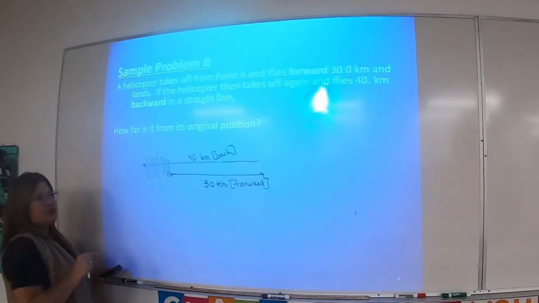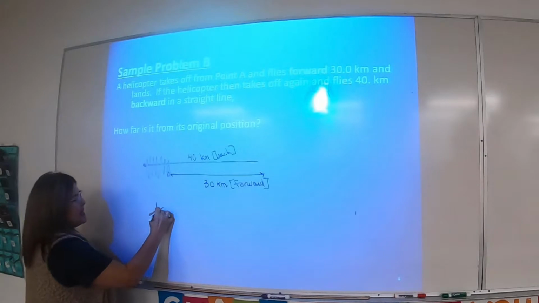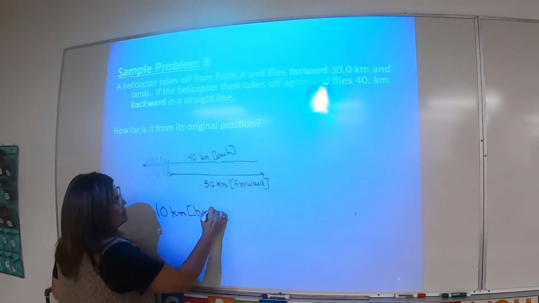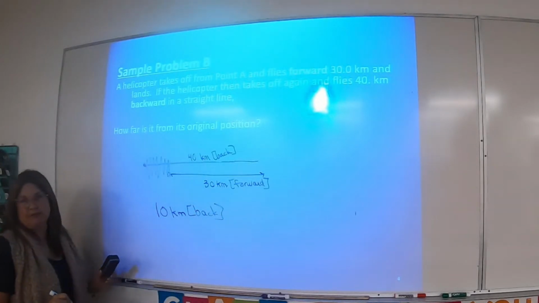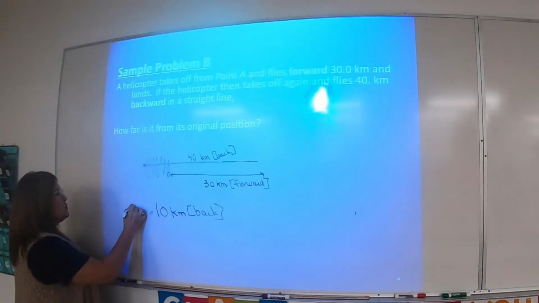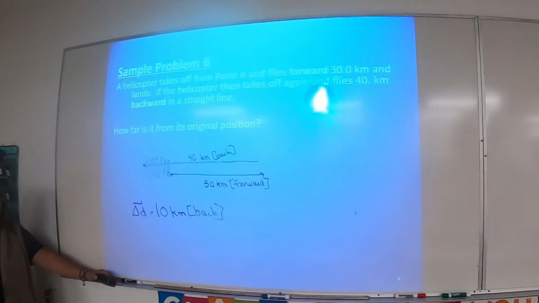This is the original position. So he is now 10 kilometers back from the original position. That is equal to his displacement, delta d. Displacement is the straight line segment from beginning to end.